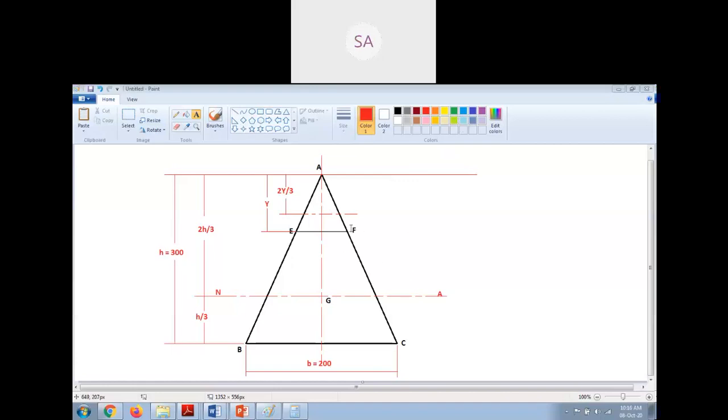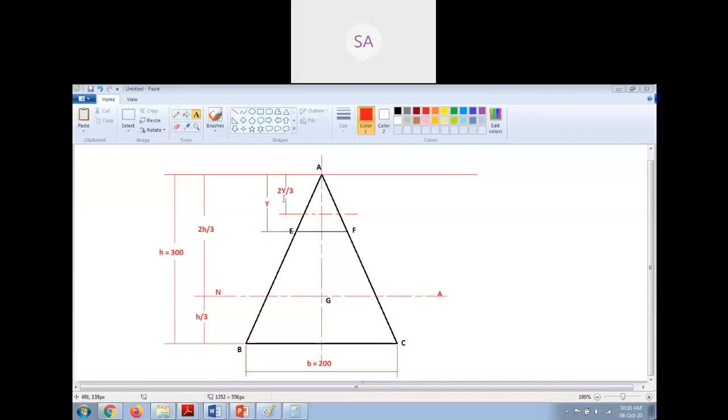Okay. So we were talking about the y bar. The y bar will be the distance from the center of gravity of this small triangle which I have considered, AEF, and the neutral axis of the complete section, that is G, right? So this distance we need, and this distance is 2h by 3 minus 2y by 3, right?